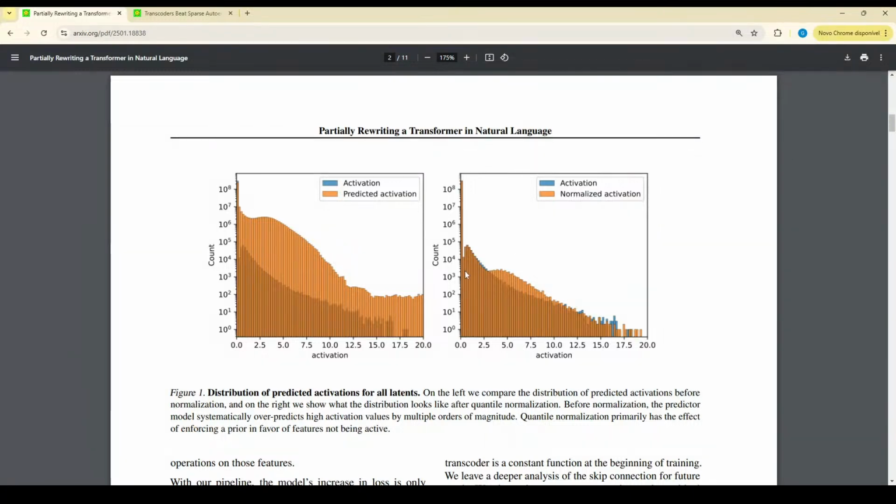cheating, instead of doing this transformation using the real data and the real activations, we use the distribution computed separately from these real activations. So we didn't have access to the ground truth.